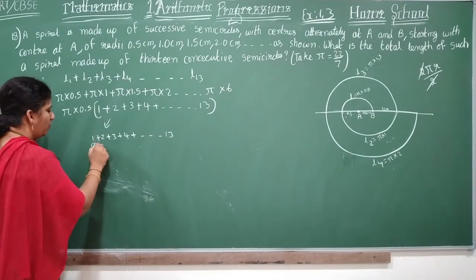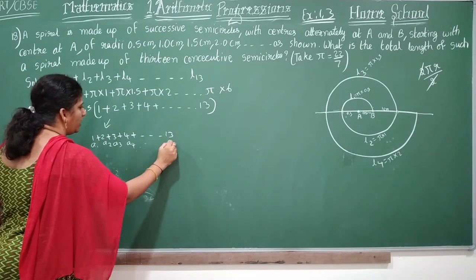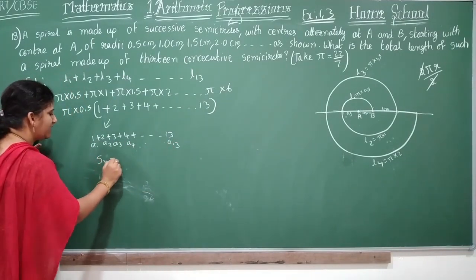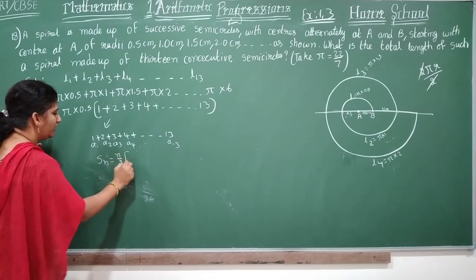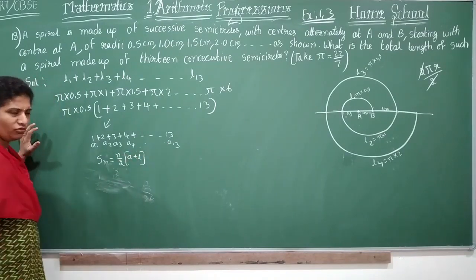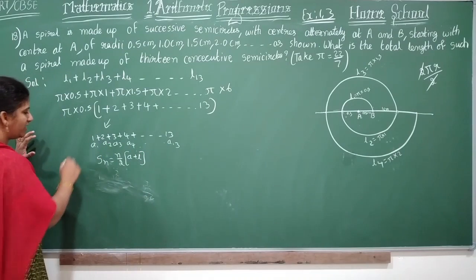So now, A1, A2, A3, A4, so on up to A13. Okay, so Sn is equal to n by 2 into, you can write it as A plus L also. You know first term and last term now. So what is your A, children?